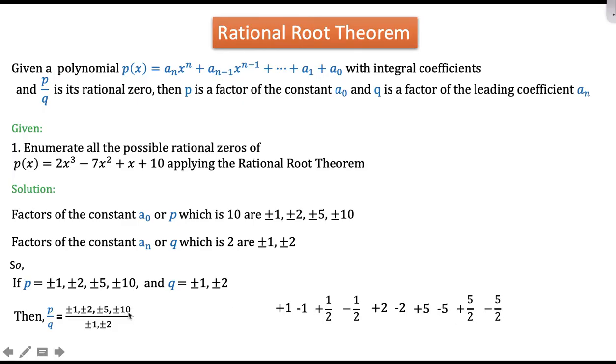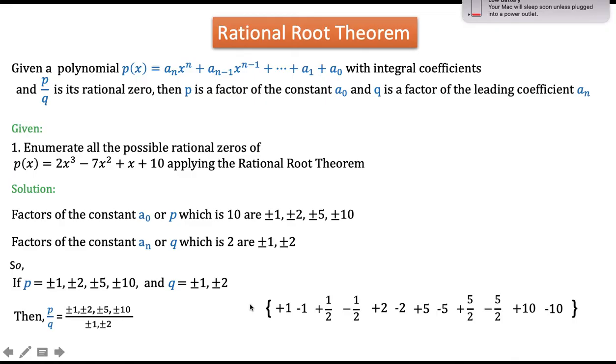And lastly, plus minus 10 divided by plus minus 1 gives us positive 10 and negative 10. Then plus minus 10 divided by plus minus 2 gives us positive 5 and negative 5, so we will not write it again. And these are all the possible rational zeros.